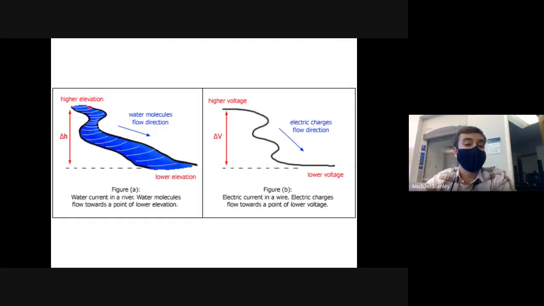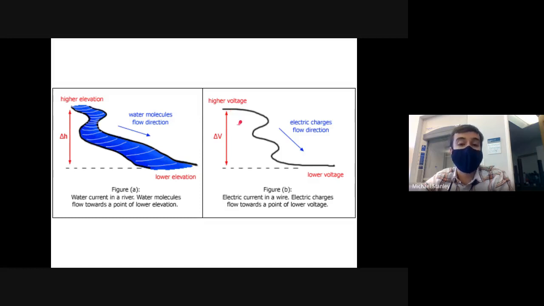So again, just like if you're on a hill or you have a water slide, the water naturally flows from the higher elevation to the lower elevation due to gravity. Same thing with using a battery to power our system.